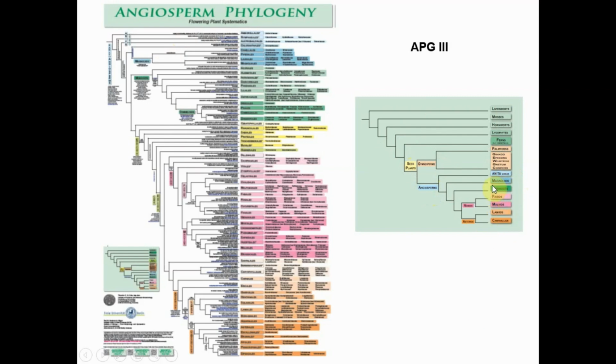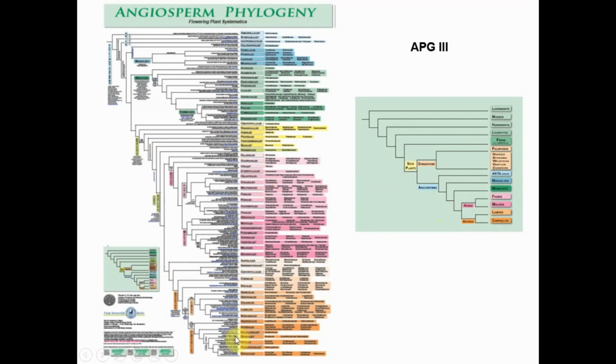They show that monocots are derived from within the dicots, and we have the Magnoliaceae and some other taxa that are the most primitive or least derived of the angiosperms, and then we have what is called the true angiosperms that are represented here.